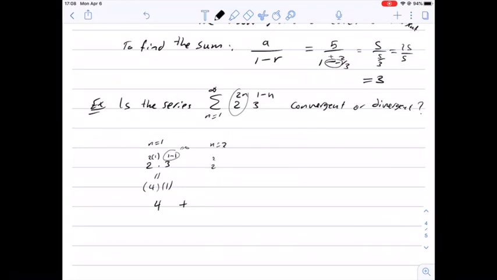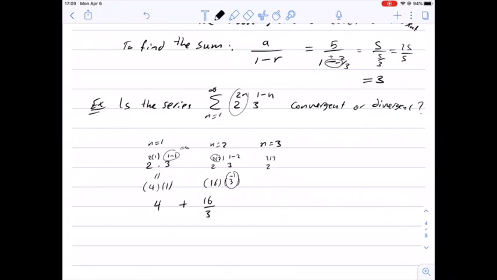Now when n equals 2, we have 2 to the power 2 times 2, times 3 to the power 1 minus 2. 2 times 2 is 4, 2 to the power 4 is 16, times 3 to the power negative 1, which is 16 over 3. We can bring this down and the exponent becomes positive.